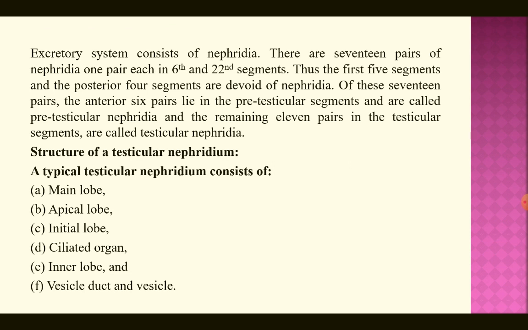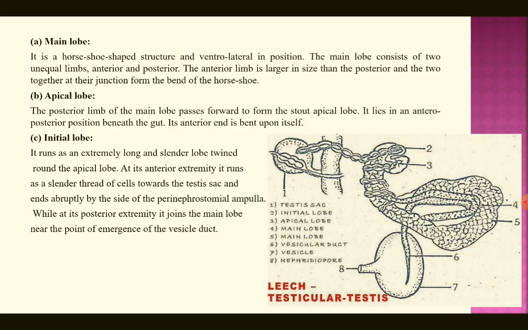So this is how the typical testicular nephridium consists of these structures: the main lobe, the apical lobe, the initial lobe, the ciliated organ, the inner lobe, and the vesicle duct and vesicle. Now let us discuss these structures individually.